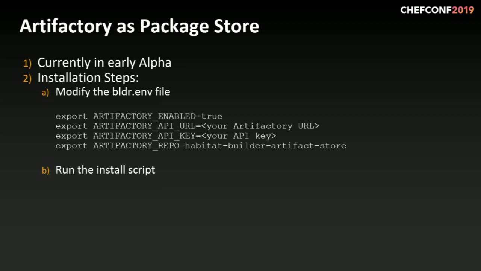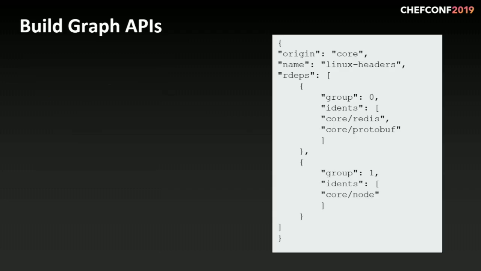And that's it. You have Artifactory instead of Minio as your depot. Now, how that looks under the covers, because it's still alpha, you don't depend on it. If you do this, don't run your production thinking that nothing's going to change, because it probably will change. But to try it out and give us feedback, that would be awesome if you want to do that. So we have that as the first thing.